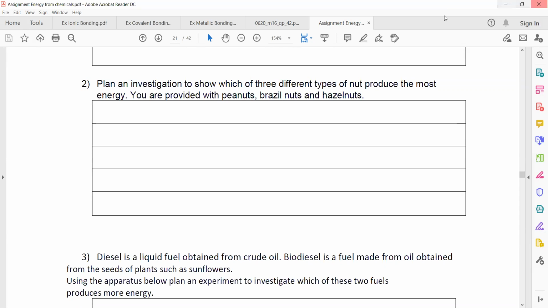For this, we can take three different test tubes, fill with equal amounts of water at the same starting temperature.